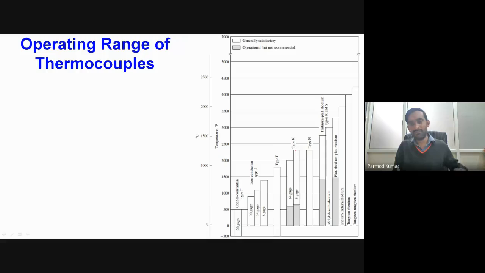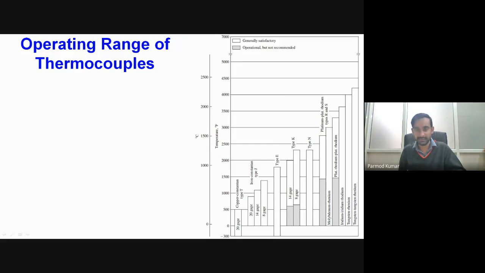And this is another very common table. This particular table shows the operating range of thermocouples. Along the ordinate we have the value of temperature in degrees Celsius as well as degrees Fahrenheit, and the range of operation of different thermocouples is shown here.